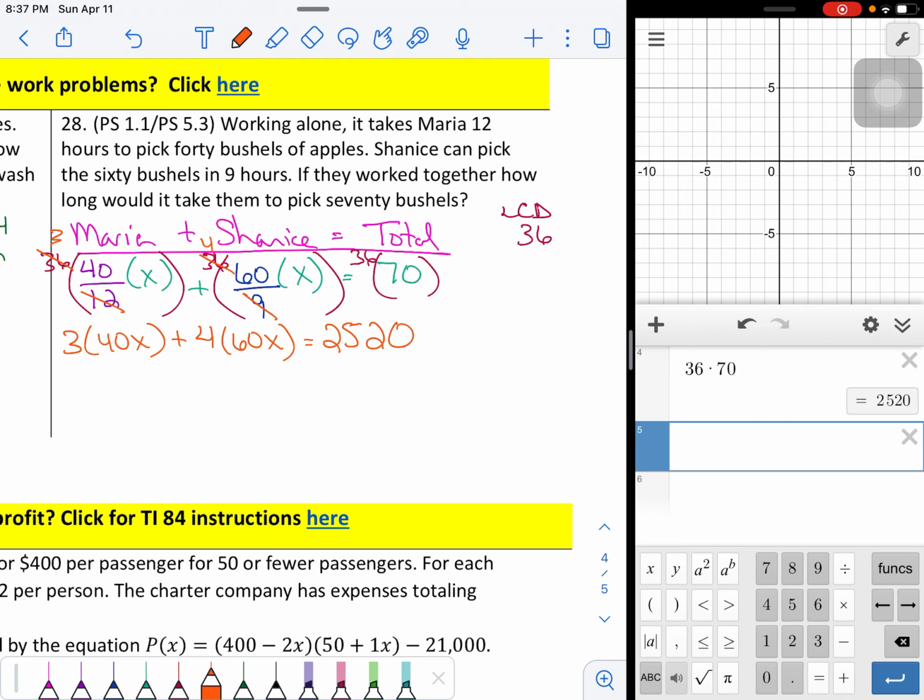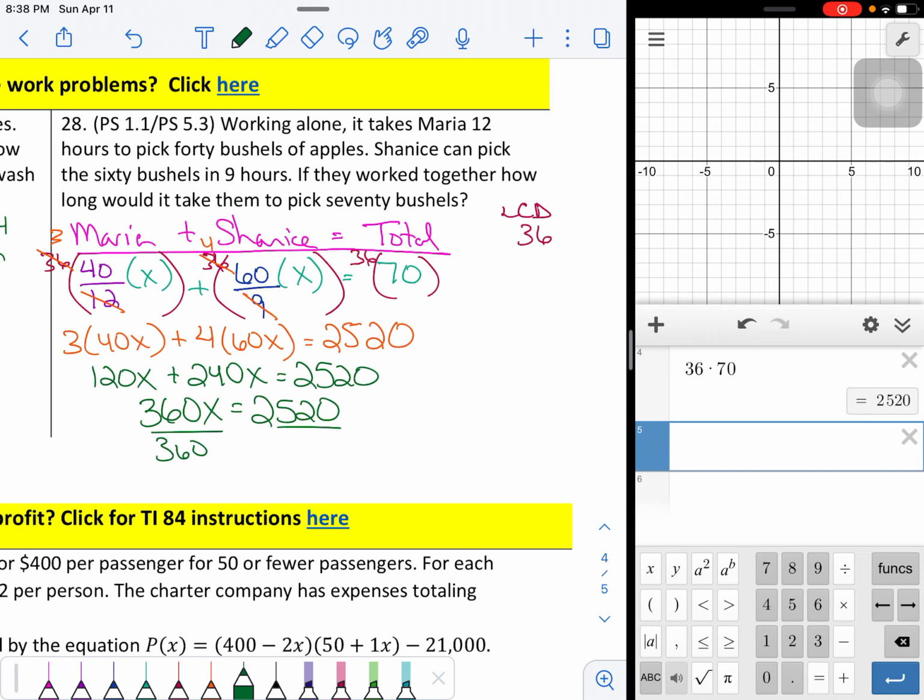Let's see here. 3 times 40 is 120x. 4 times 60 would be 240x. Equals 2,520. 120x plus 240x is going to be 360x. Yeah, that sounds right.